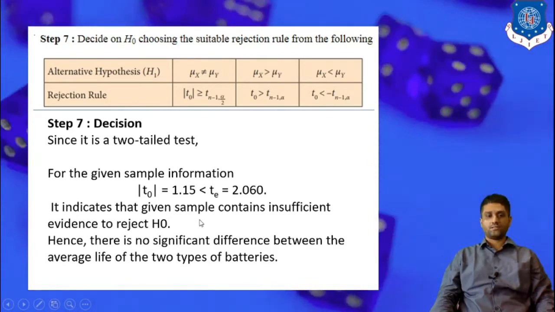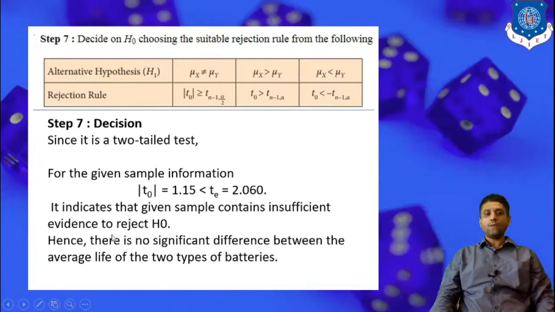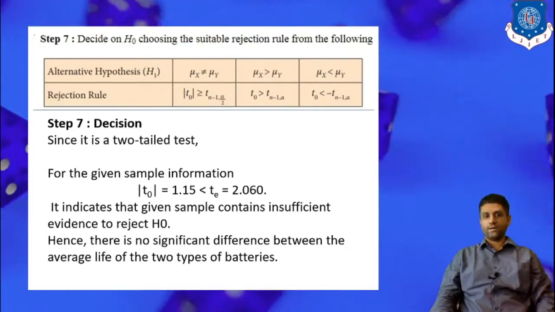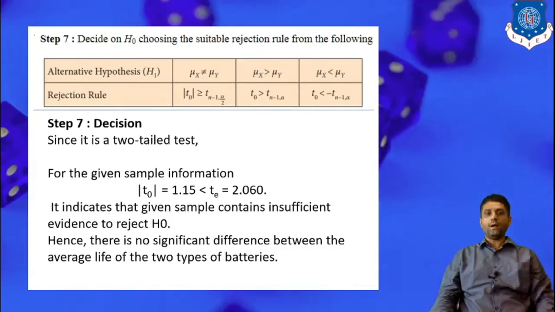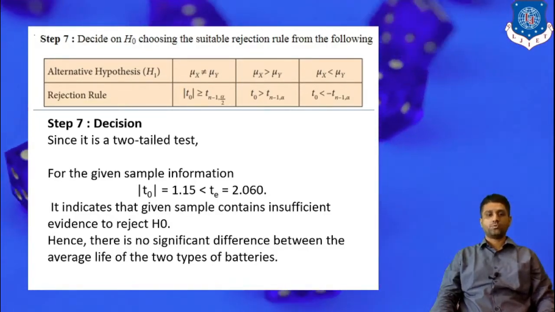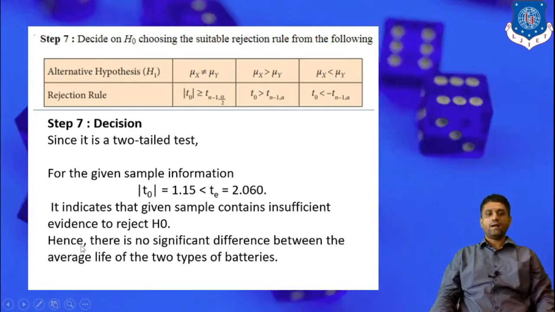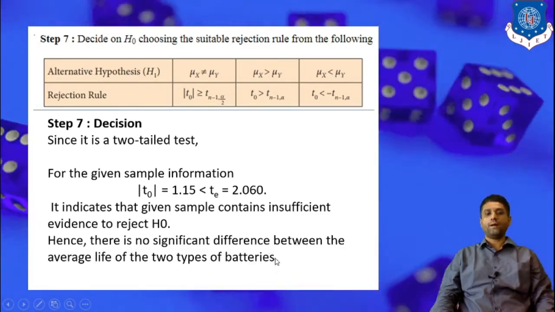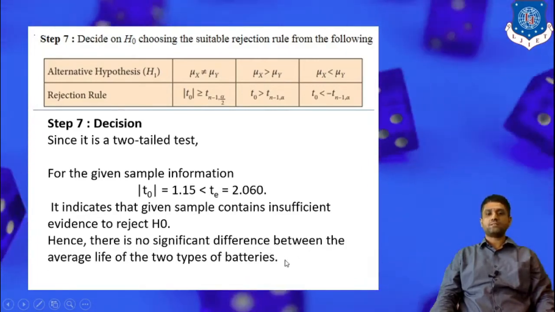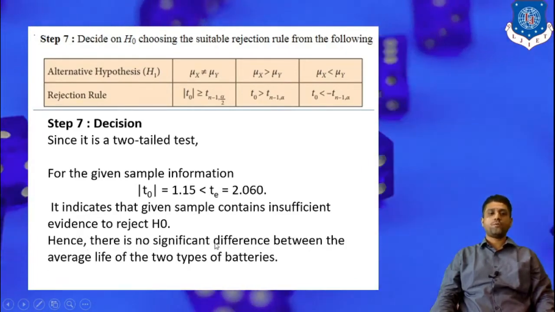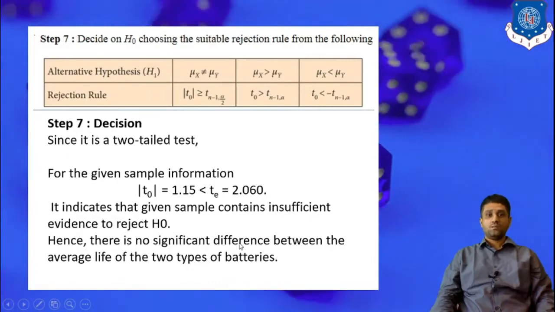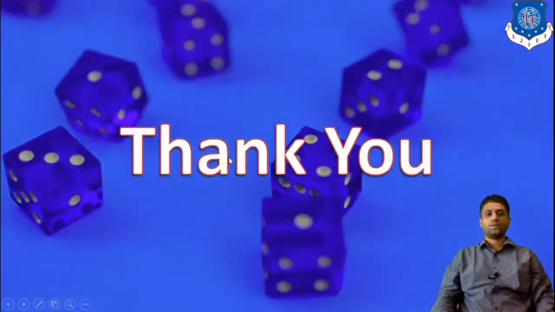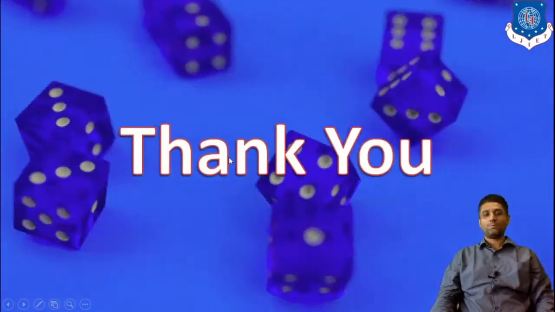And not rejecting the null hypothesis means that the null hypothesis is accepted, that is, whatever we defined in the null hypothesis is true. So we conclude that there is no significant difference between the average life of the two types of battery. This is nothing but the same thing we defined in the null hypothesis, because ultimately the null hypothesis is accepted. Thank you so much for paying attention.